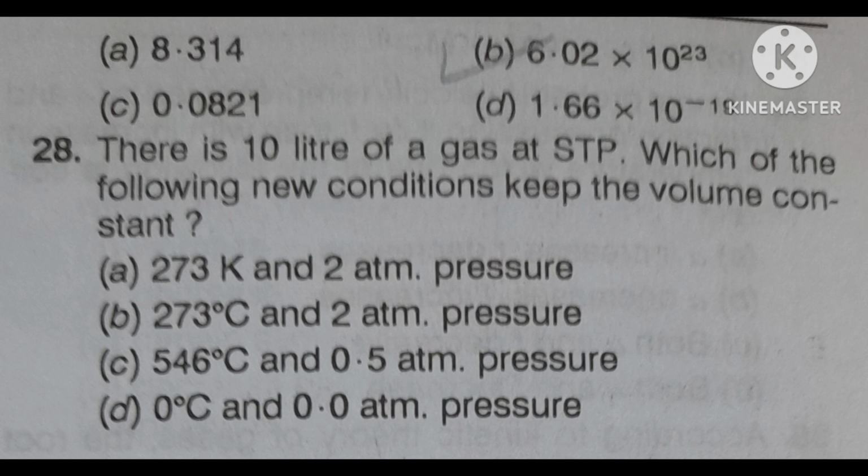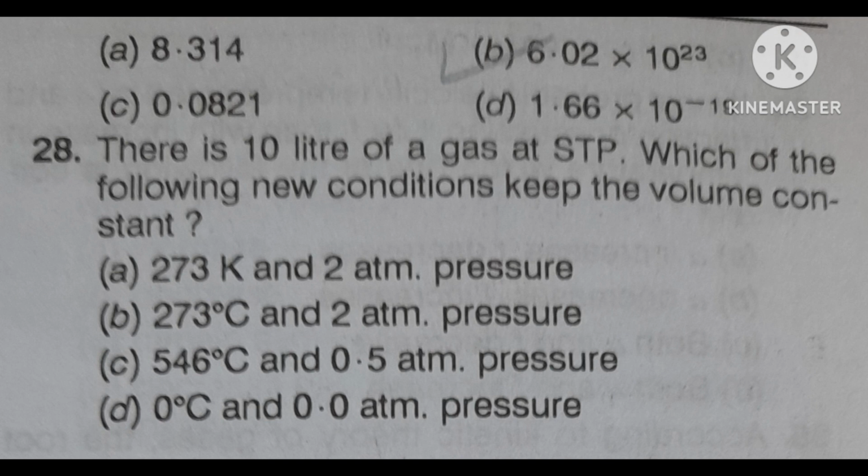In the question it is given that you want to keep the same volume, 10 liter. There is 10 liter of a gas at STP. Which of the following new conditions keep the volume constant? Means V1 and V2 are equal. Then in this formula, V1 and V2 will cancel, and you will get P1 upon T1 is equal to P2 upon T2.